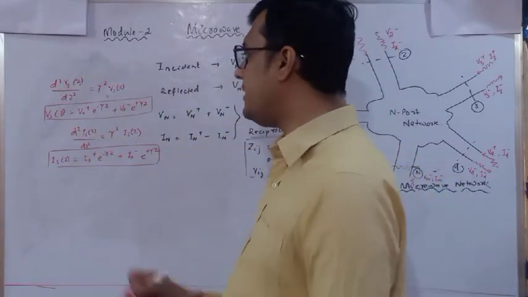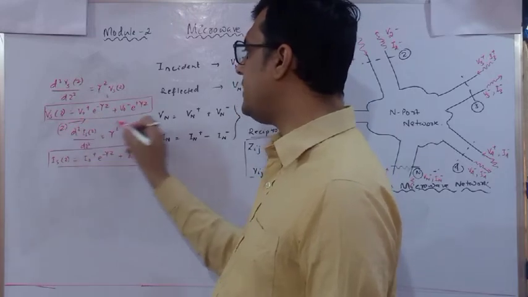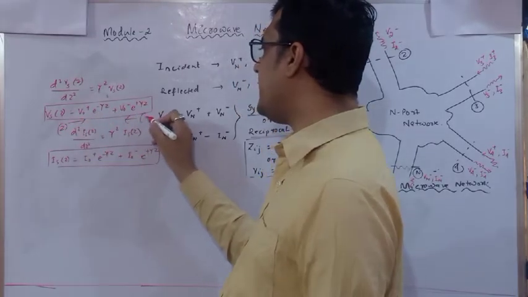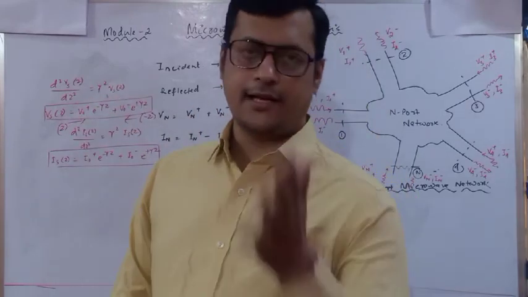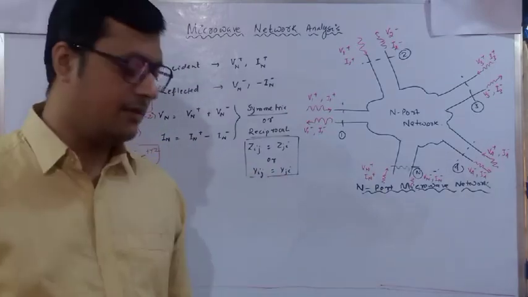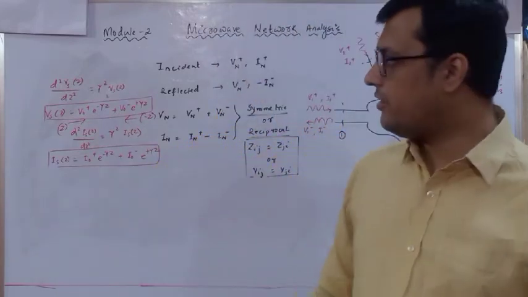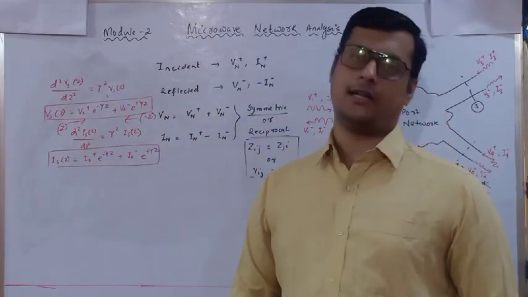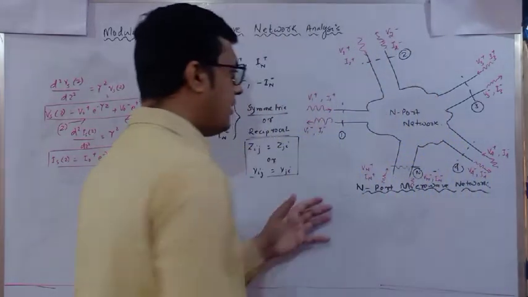As you can see, V0⁺ indicates the positive Z direction and V0⁻ the negative Z direction. V0⁺ means incident potential, V0⁻ means reflected potential. Similarly, I0⁺ is the incident current and I0⁻ is the reflected current. I have represented that in this particular network for the nth network.